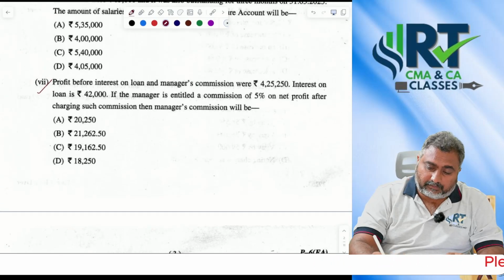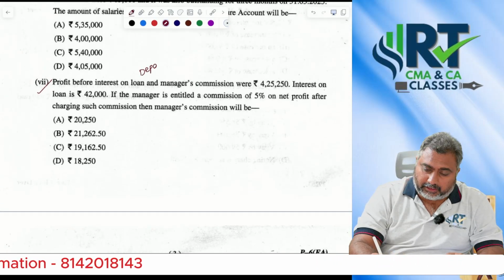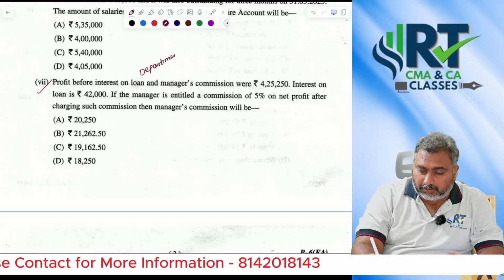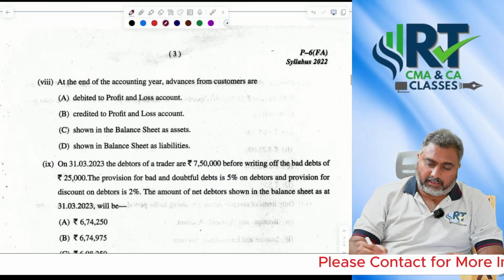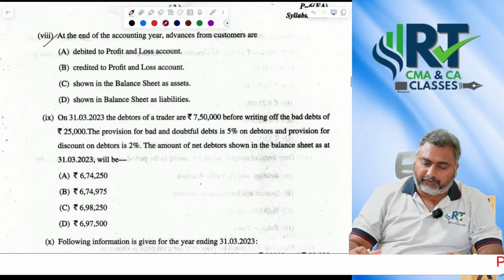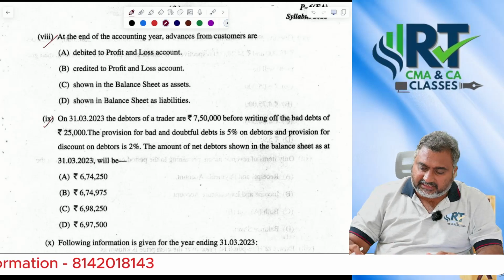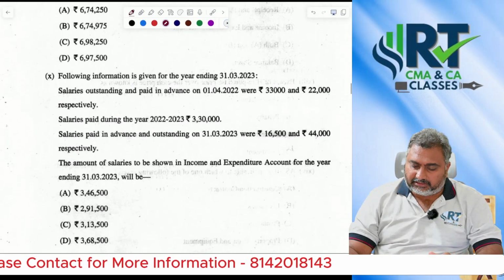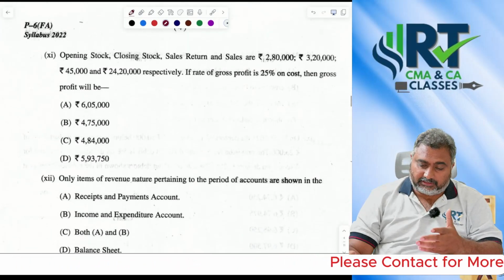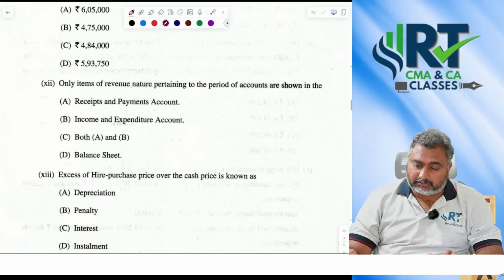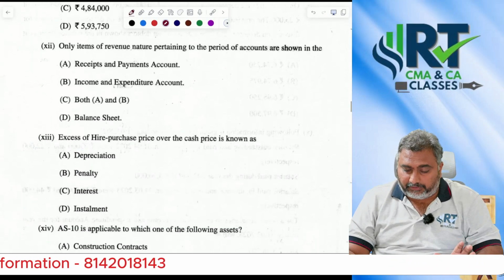Even this is from departmental accounts, and you can check commissions, and advances. If you check, all are easy MCQs only. Salaries, how much amount you can show from the NPO point of view, and what is the gross profit from the final accounts, which is of a revenue nature.